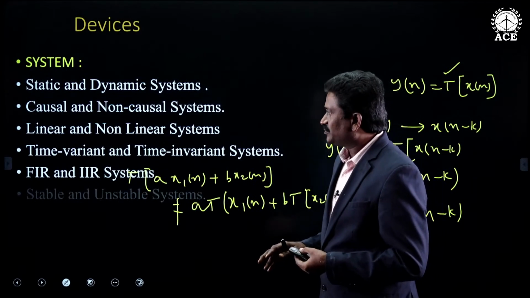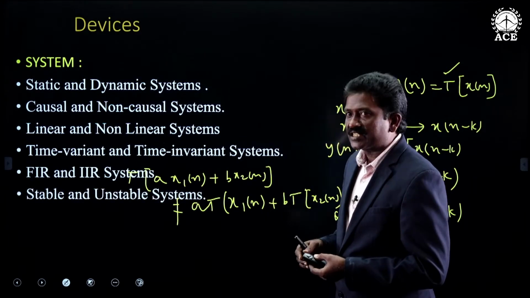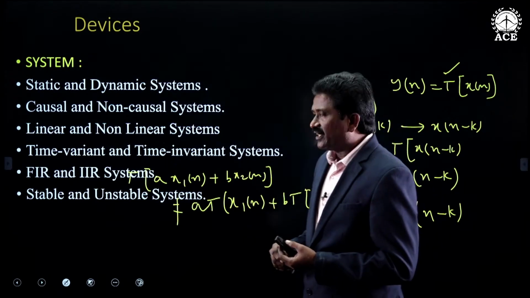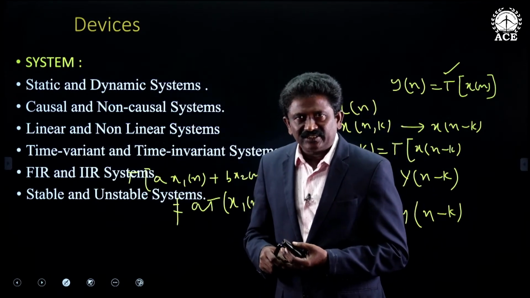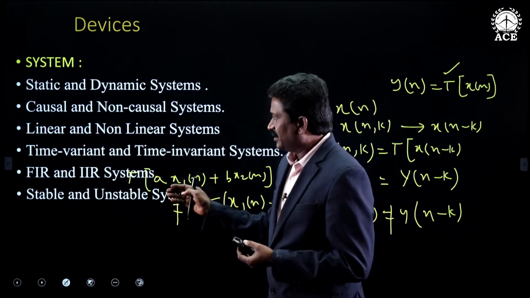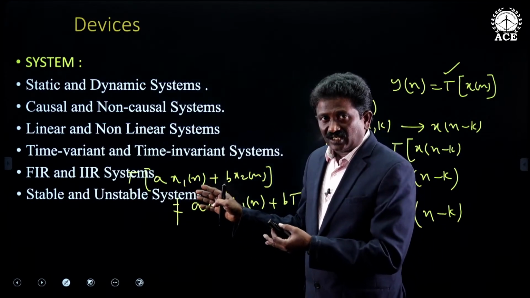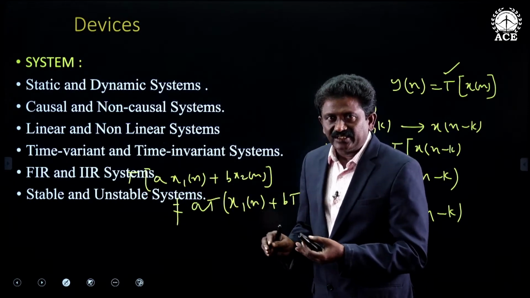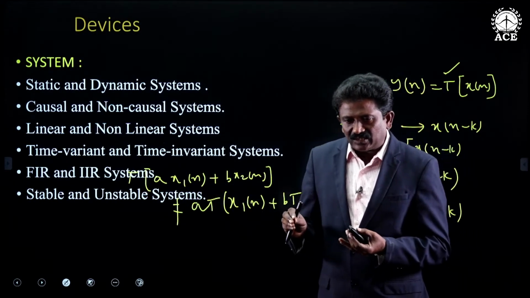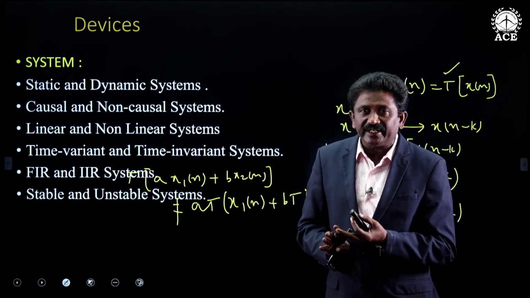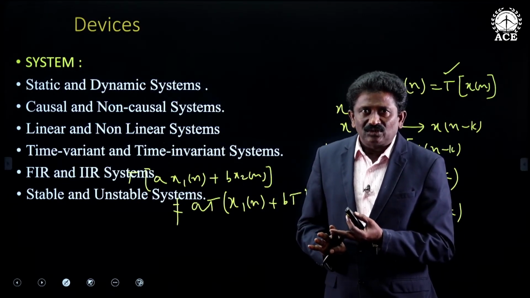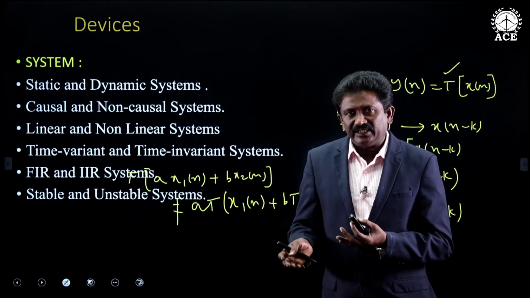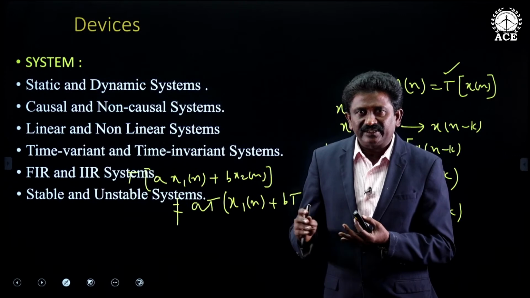So next one, stable and unstable systems. Stable means, according to our definition, that for any bounded input the output is bounded.